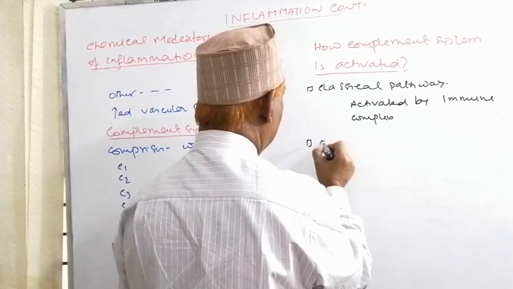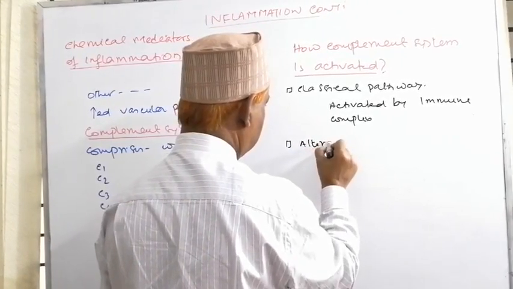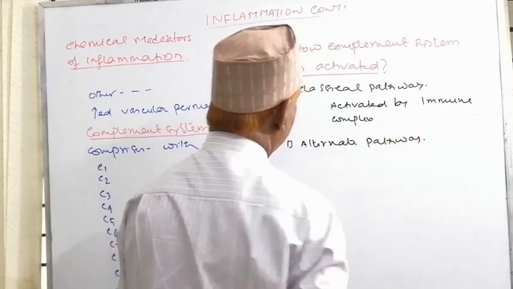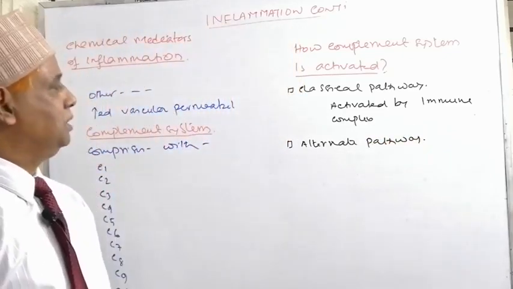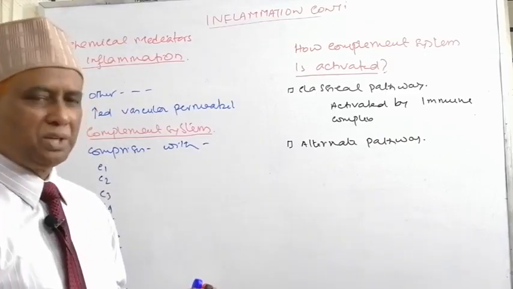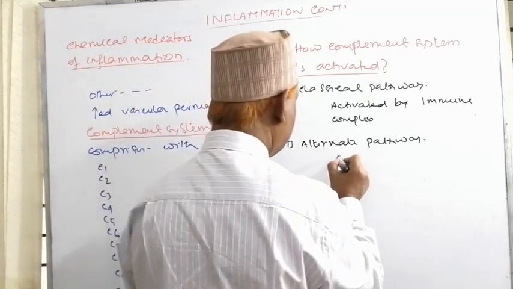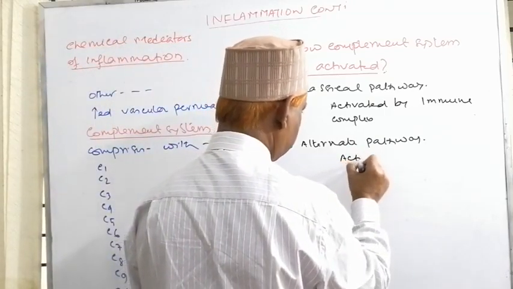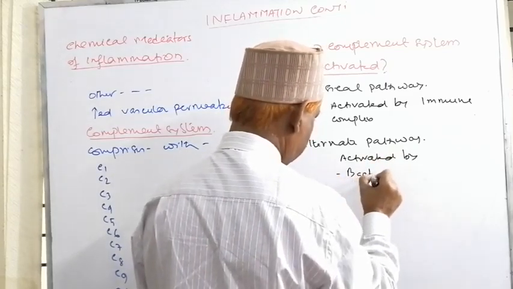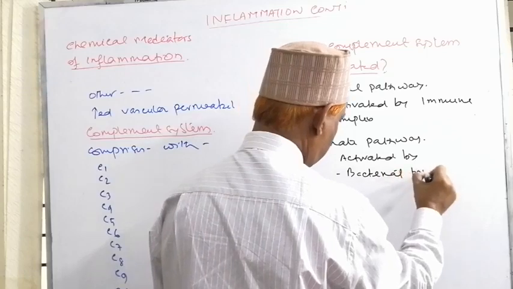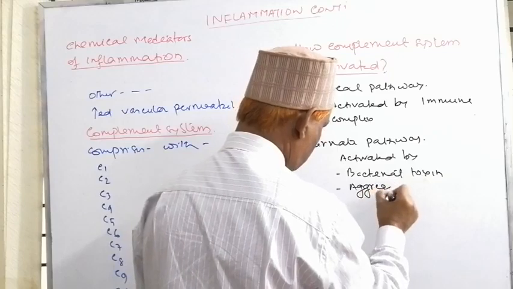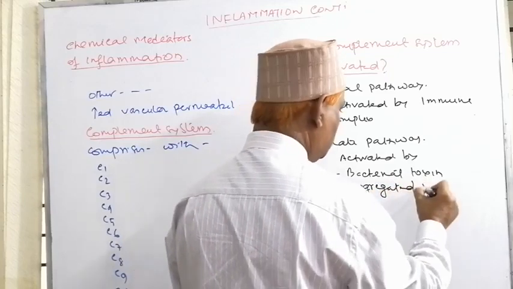Another pathway, alternate pathway of activation. This pathway is not dependent on immune complex. Rather, this pathway is activated by bacterial toxin or by aggregated immunoglobulins.